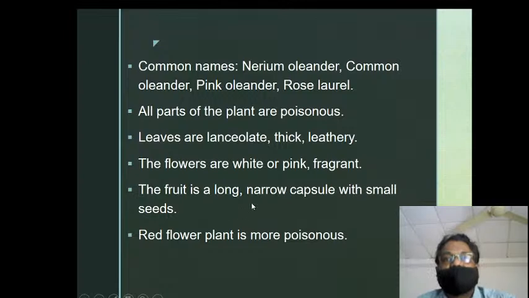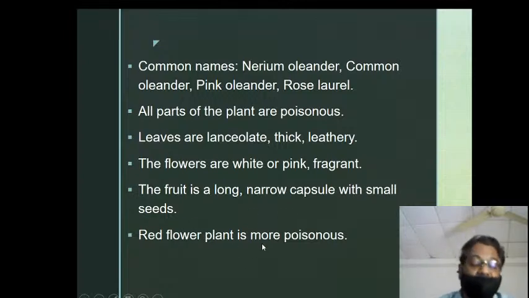Of course, all the varieties of plants are poisonous, but the red flower plant is more poisonous because the alkaloids are present in highest concentration in the red flower plant. That's why it is more poisonous. But even the other flowered plants are also equally poisonous.